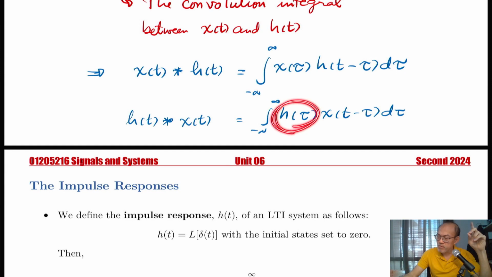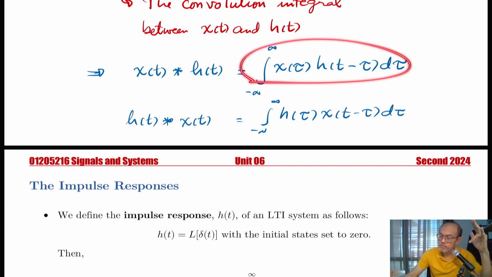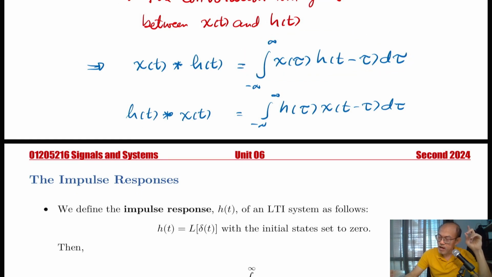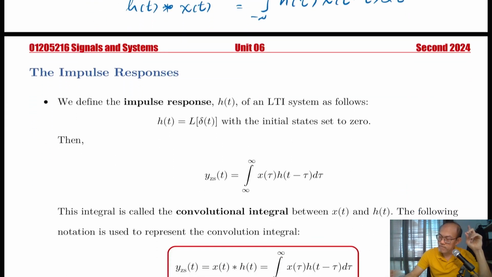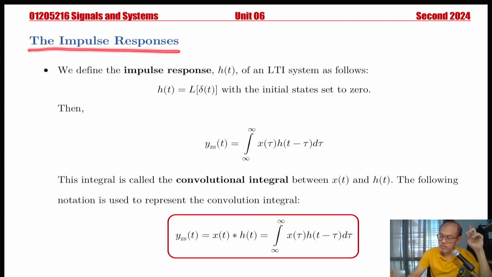If we know the impulse response of an LTI system, then given any input signal, you can always find the zero state response from that system by performing this integral. So impulse responses will be our next topic that we have to study.